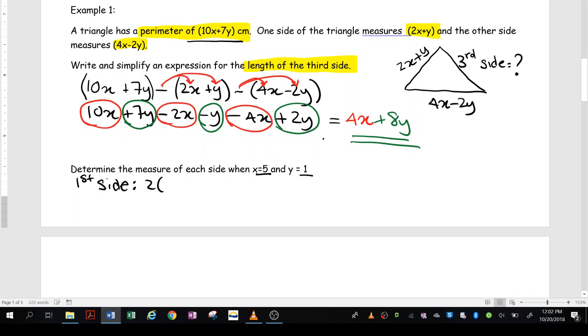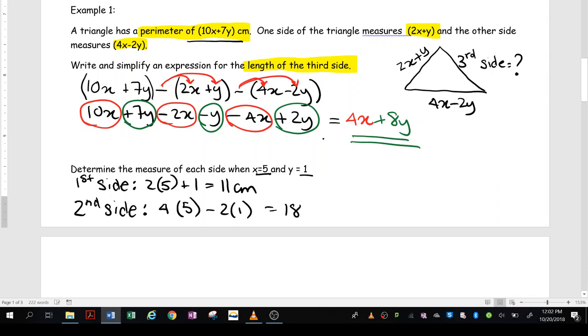And we have 2 times 5 plus 1 gives us 11. And we're dealing with centimeters here. Our second side, again, we're substituting in 5 and 1 for x and y. So we have 4 times 5 minus 2 times 1. 4 times 5 is 20, minus 2 is 18.